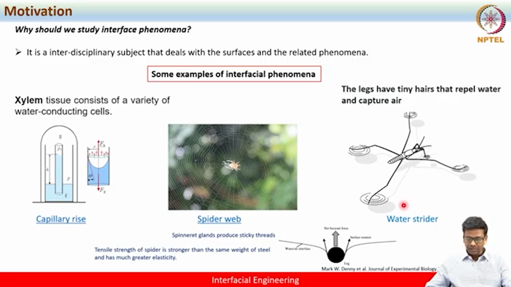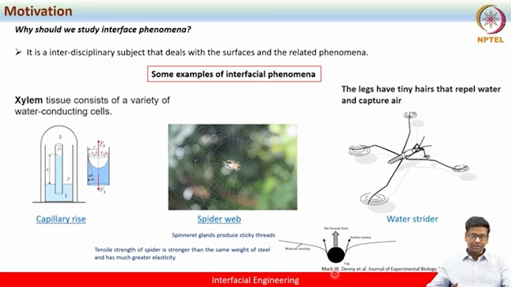The last one is the water strider. How do insects walk on the water? It is because of the tiny hairs that exist around its legs, which repel water and capture air.